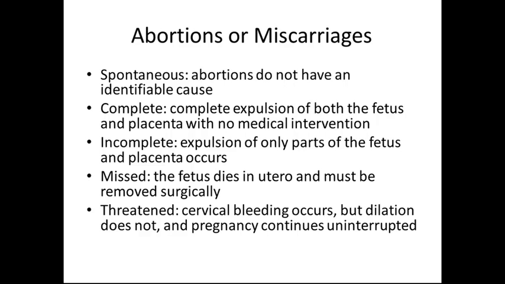Incomplete abortion is when the expulsion of only parts of the fetus and placenta occurs. Missed abortion is when the fetus dies in utero and must be removed surgically. Threatened abortion is when cervical bleeding occurs, but dilation does not, and pregnancy continues uninterrupted.